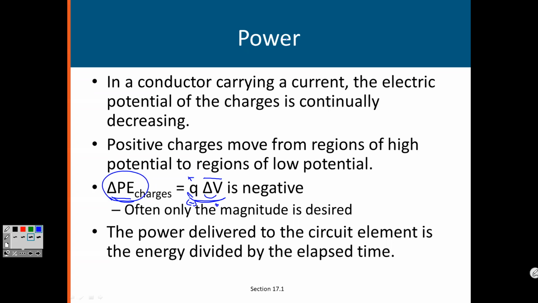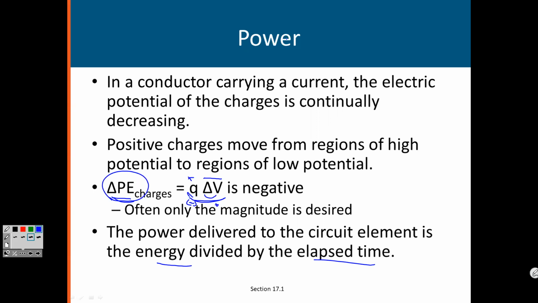The power delivered to the circuit element is the energy divided by the elapsed time. So what happens in a circuit? The potential energy is delivered to the circuit. That is why the potential energy is decreasing as the charges move, and the amount of power is the amount of energy divided by how much time it takes to deliver that energy.